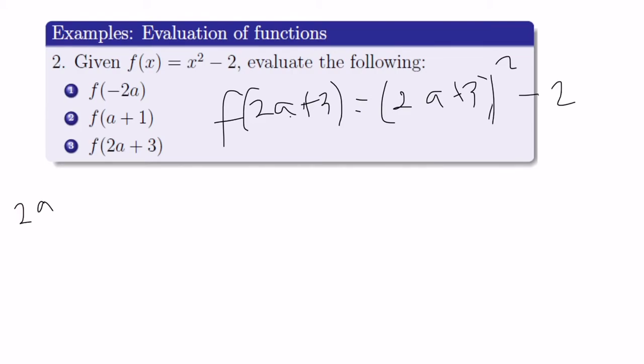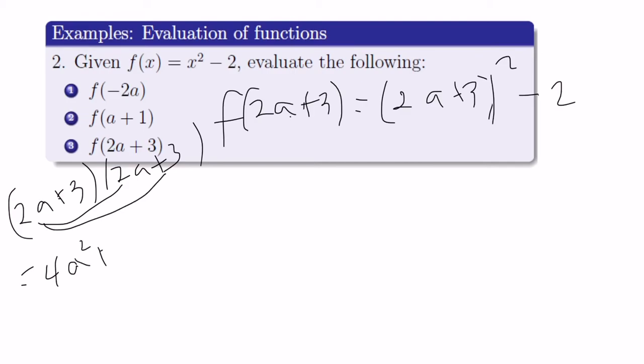So 2a plus 3 times 2a plus 3: 4a squared plus 6a plus 6a plus 9.